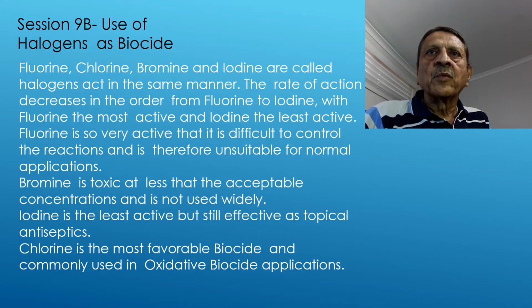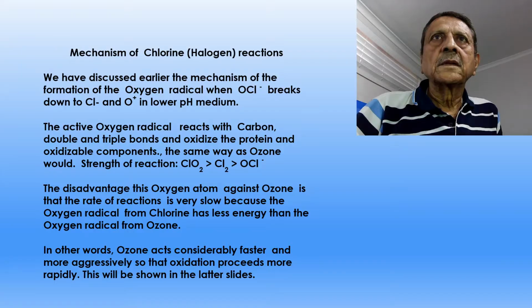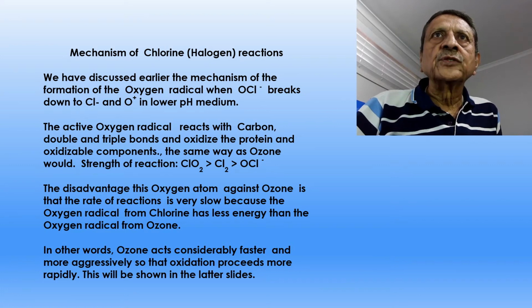Chlorine, therefore, is the most favorable biocide and commonly used in most oxidative biocide applications. One thing I did not mention to you is that iodine is the least soluble in water compared to all the halogens, and because of that it is more difficult to use it effectively.